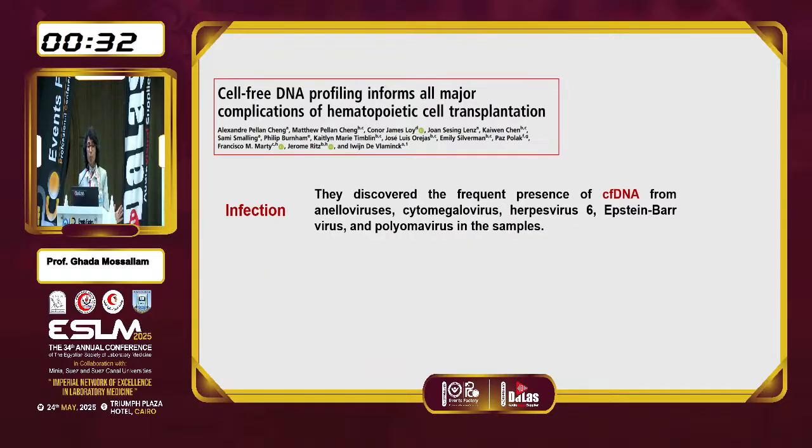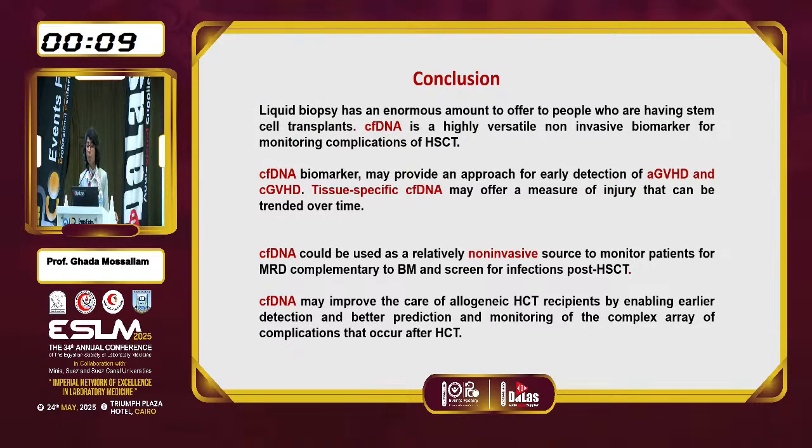Several studies reported that by studying several cohorts of transplanted patients, they discovered the frequent presence of cell-free DNA from anellovirus, cytomegalovirus, herpes virus 6, Epstein-Barr virus, and polyomavirus in samples of transplanted patients.